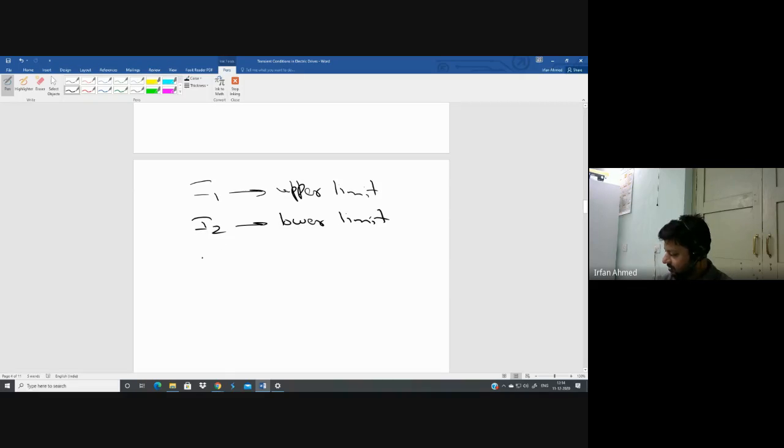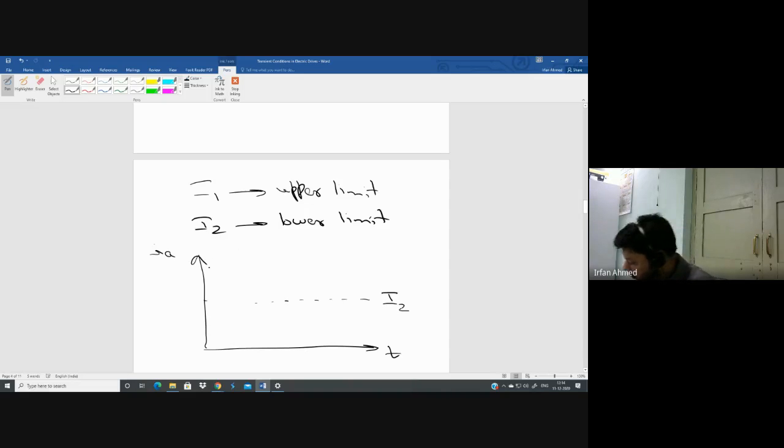So in that case, how will be the graph of armature current during starting? Let us say this is your lower limit of current, that is I2, and this is your upper limit of current, that is I1.